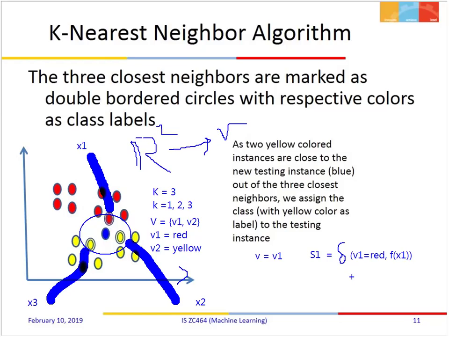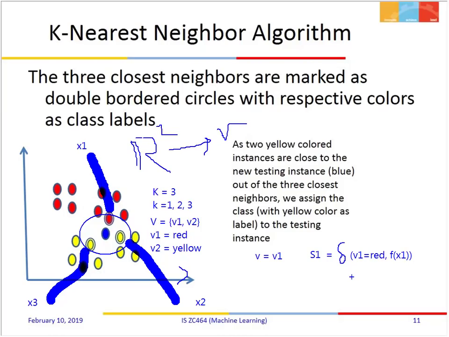You can understand that there are 2 points which are yellow, and there is 1 point which is red, and these 3 are the points which are closest to the test data we have marked as blue. So we will assign this blue test data point as the class with label yellow. This is the simple logic, and this has been represented mathematically there using the summation of delta V fxi. So that is what I am trying to show you, the computation.